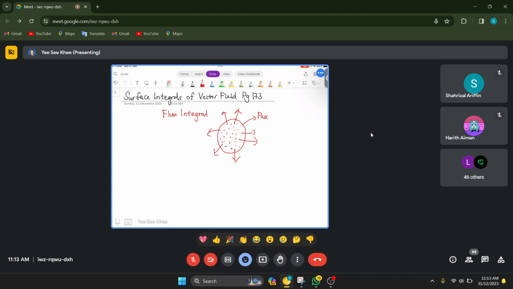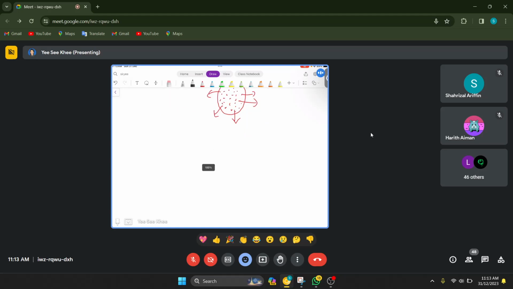For the surface integral of a vector field, the formula is a double integral over sigma, and this sigma represents the surface that you want to know the flux coming out of.